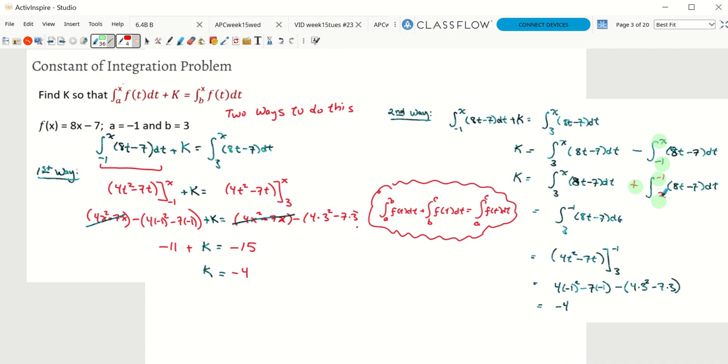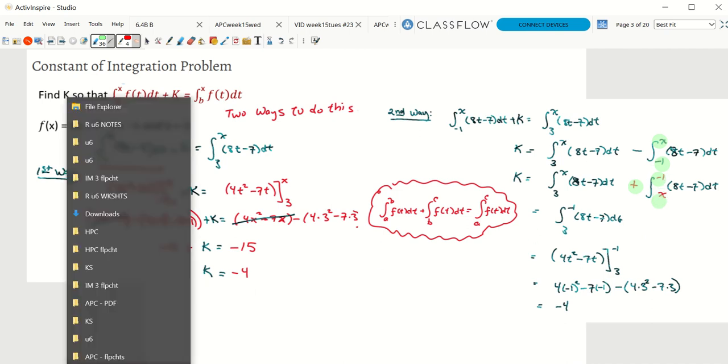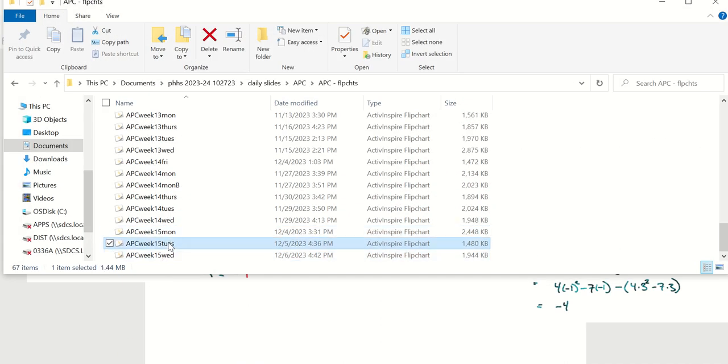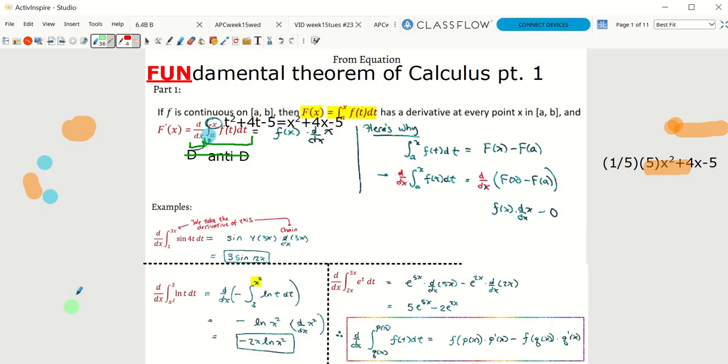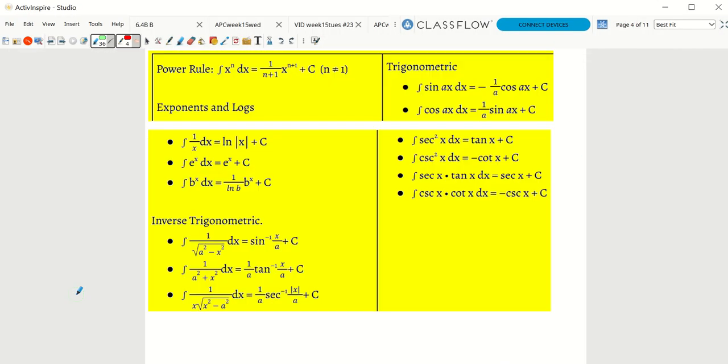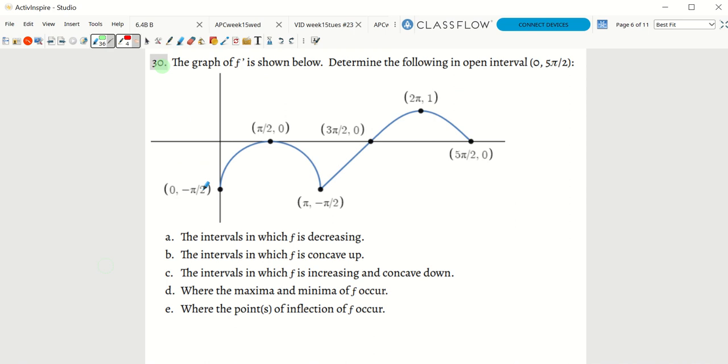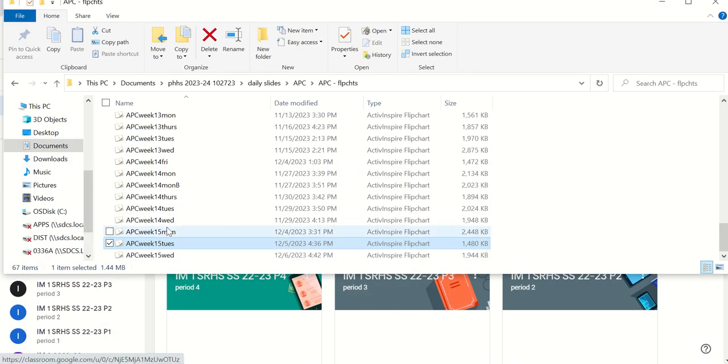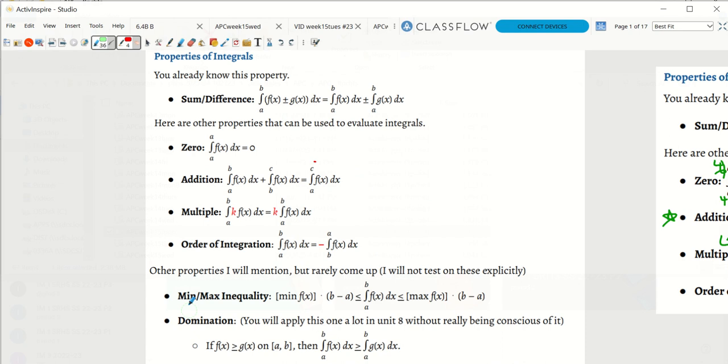And we flip that so that we can use the additive property from yesterday. Let me pull up the additive property, which is right over here. I believe it was yesterday. Let me double check. No, it was actually the day before yesterday, which was Monday.